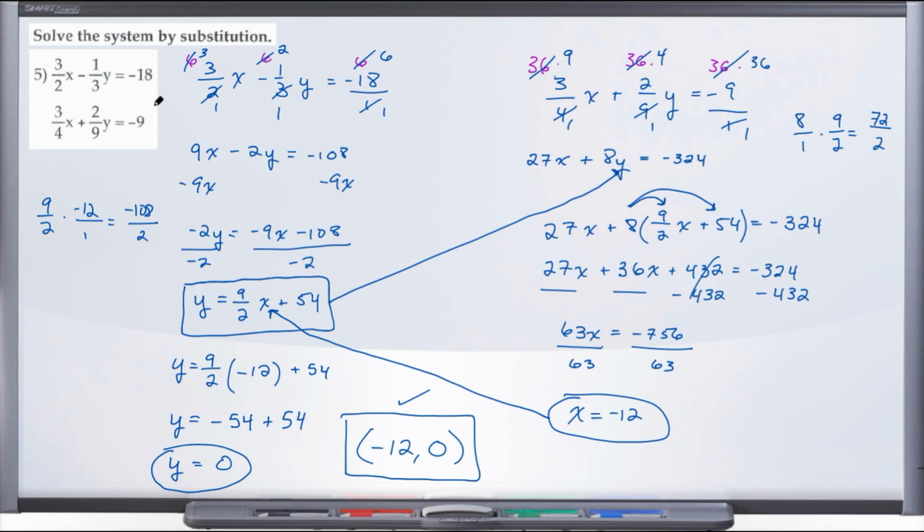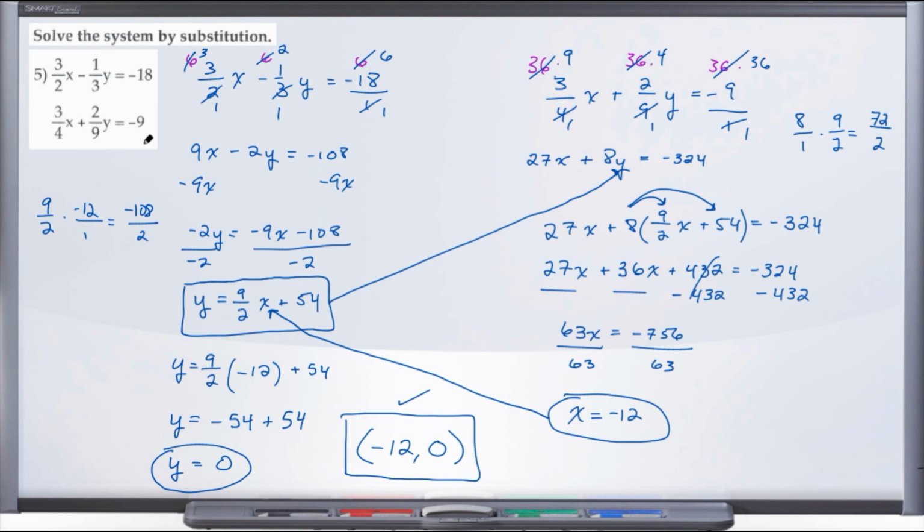If we don't, if we only get a true statement for one or get a true statement for none, then we know that something happened with our algebra, and we've got to really go back and utilize our time wisely and try to figure out what happened, because this solution has to work and make both of these equations true in order to be the solution.